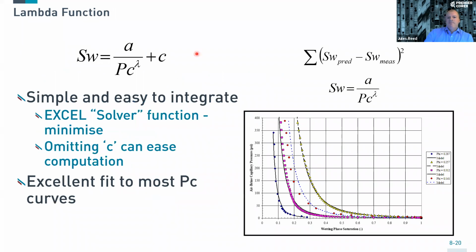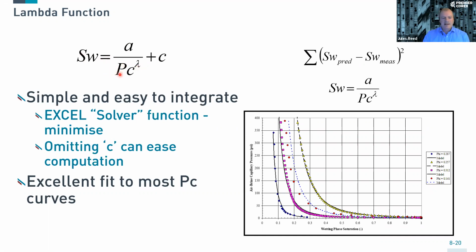The J function actually contains rock properties within its approach. The Lambda function is basically an empirical process of matching capillary pressures and then taking these data. In this function, you'll notice it is very like the Brooks-Corey function, but it's the inversion of Brooks-Corey.